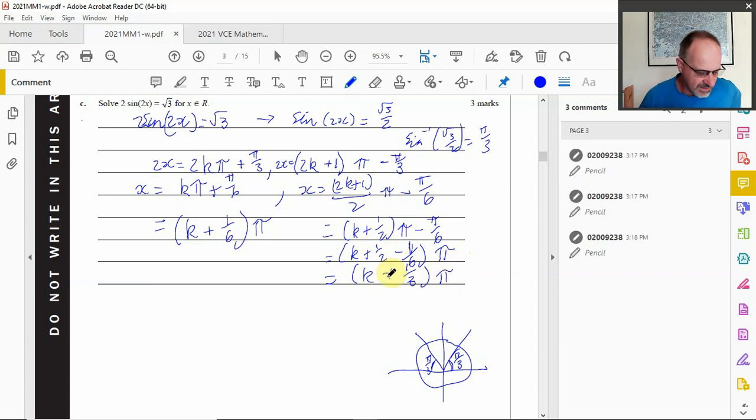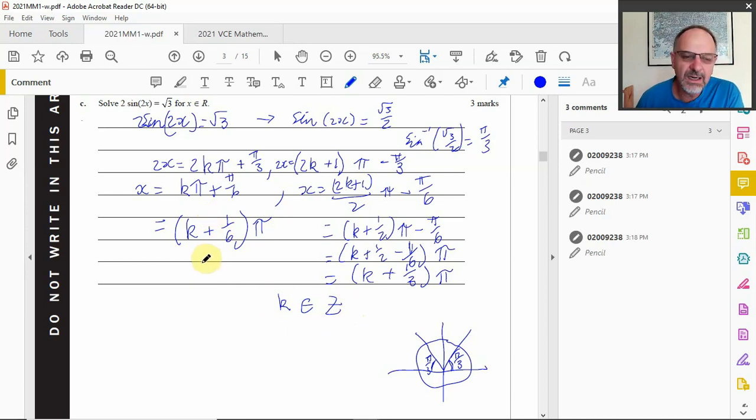And so there are our answers for x. Now, to be technically correct, I should also say that k is an element of Z, so k is an integer, a whole number.